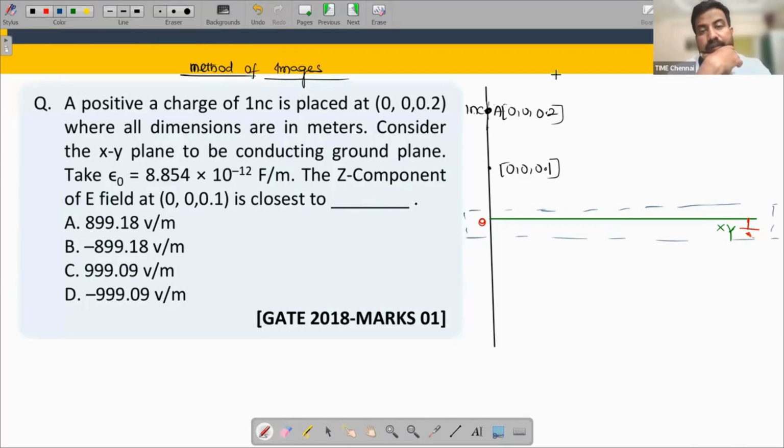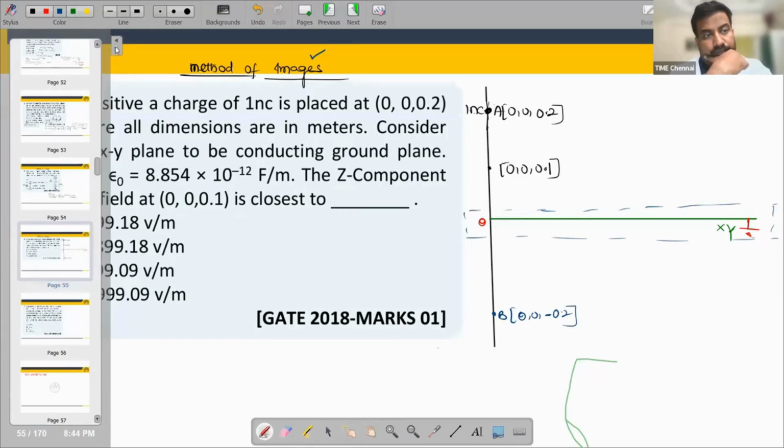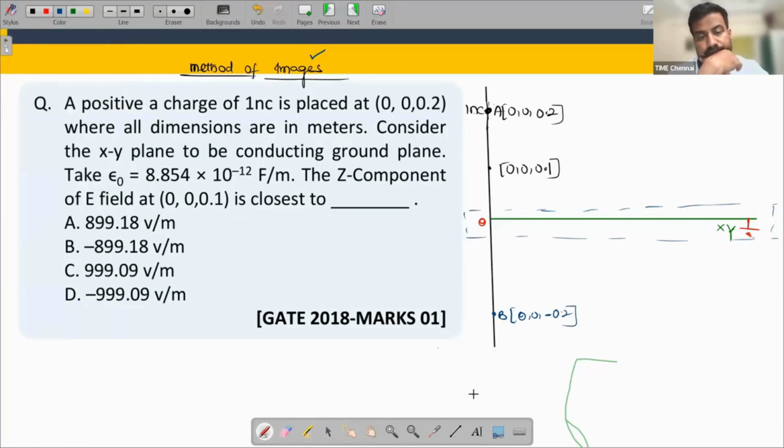Now, so we apply method of images. We take one more charge B at 0 comma 0 comma minus 0.2.